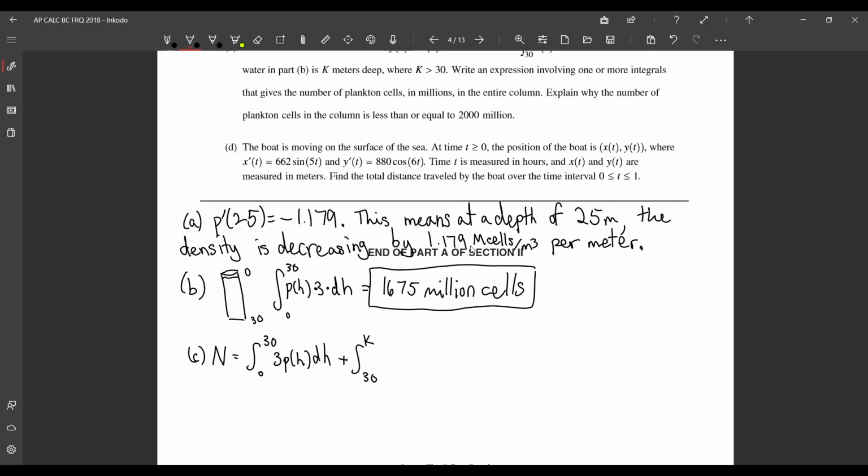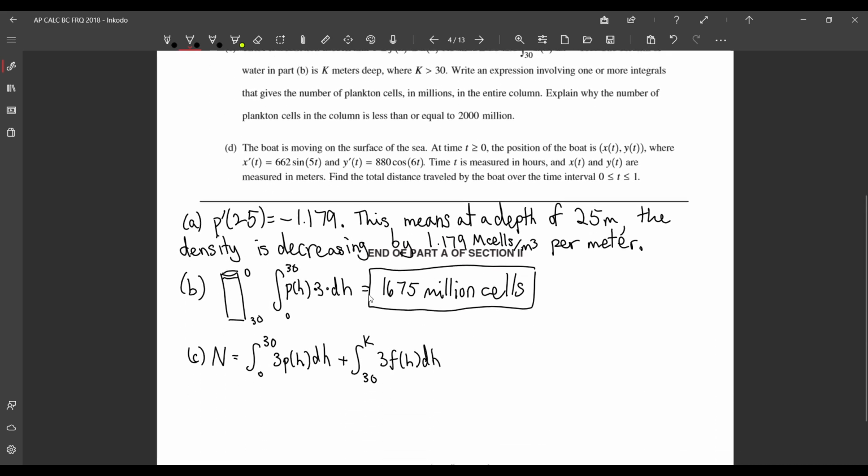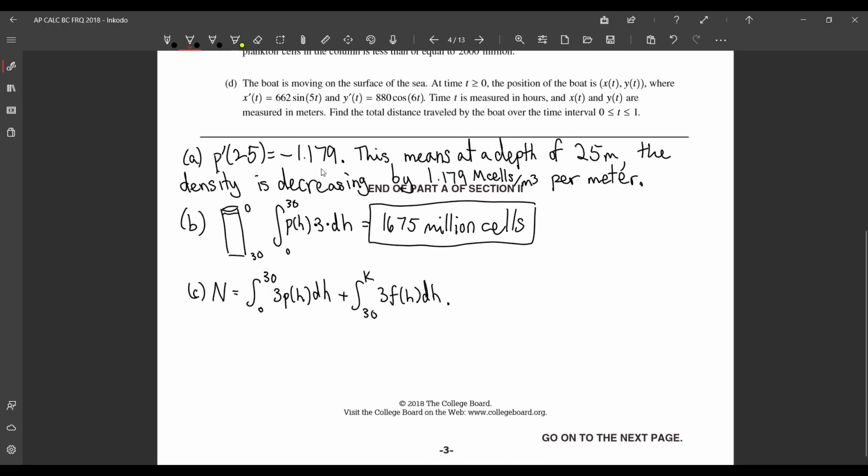And again, we have strips of volume 3dh, and those have density of f of h, which is, I'm presuming, this has the same units, and so the units here check out. So this is the expression.